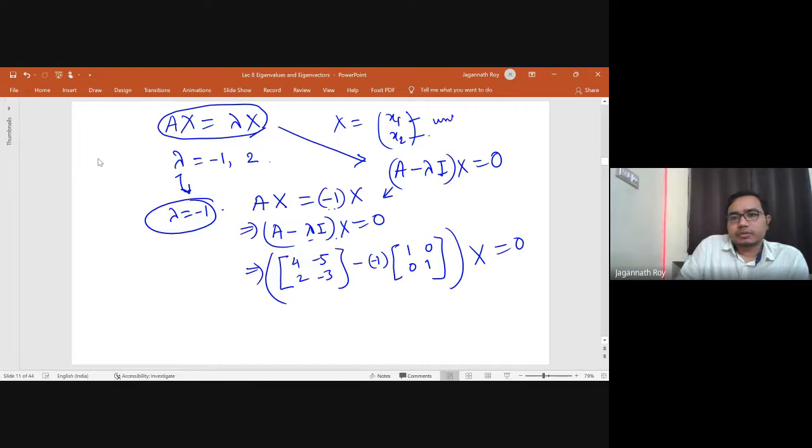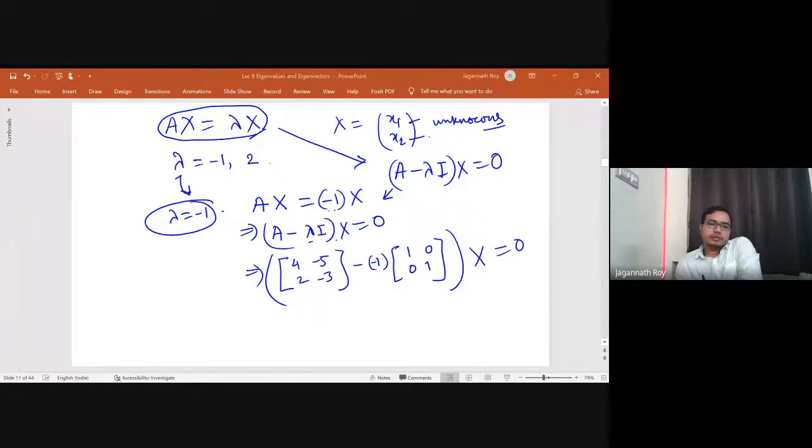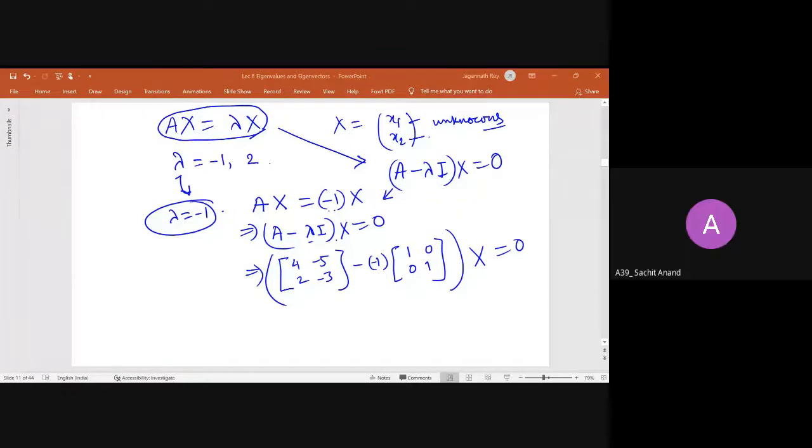Hello, sir. Yes, tell me. Sir, in this equation, why can't lambda be just the matrix A, other than minus 1 and 2? Obviously these are satisfied, but why can't it be directly the matrix A?